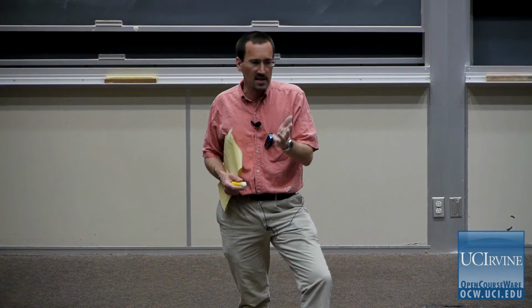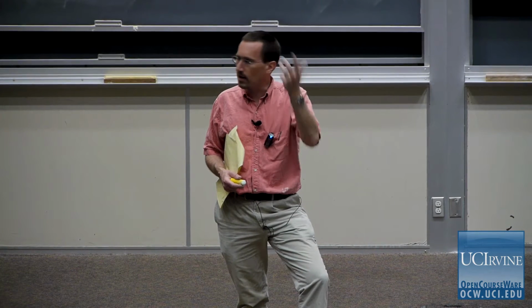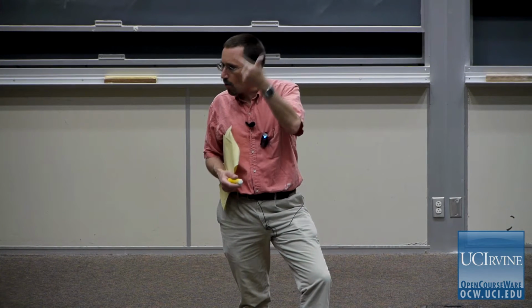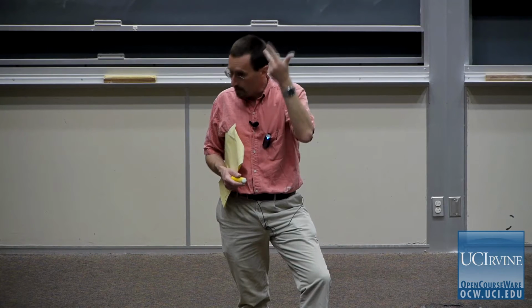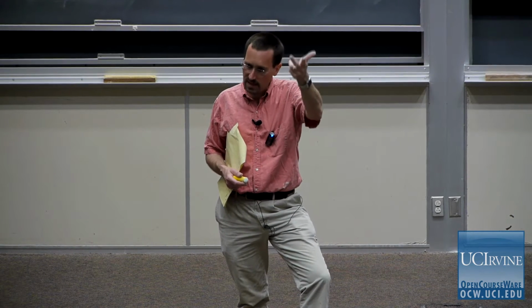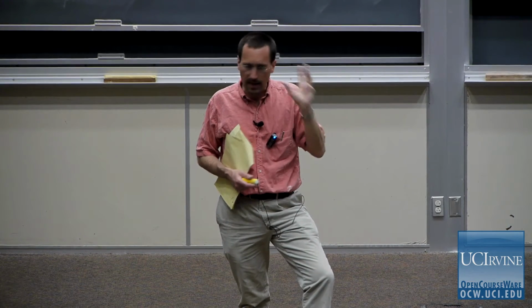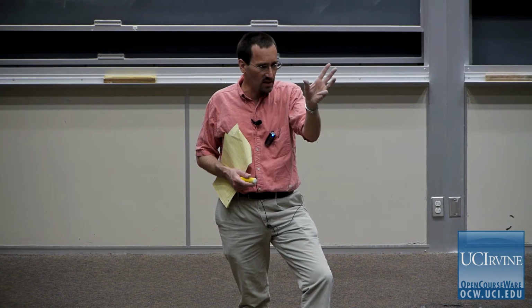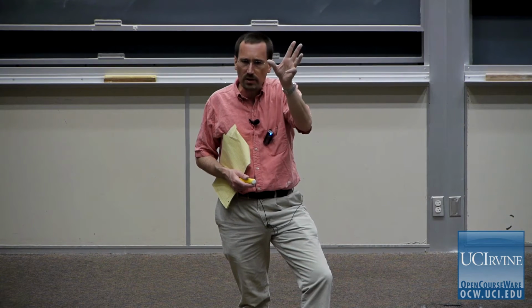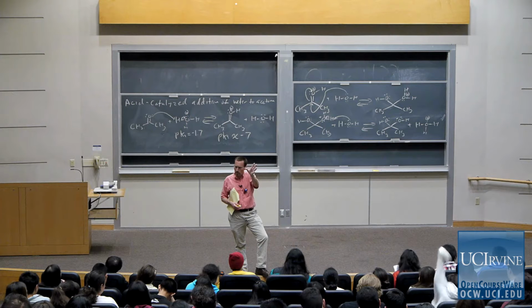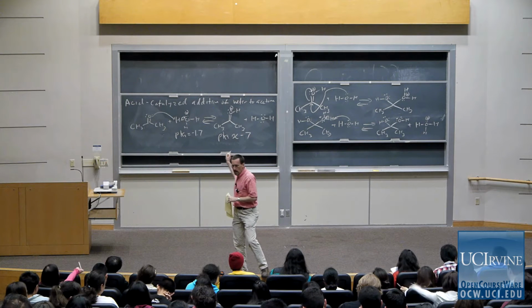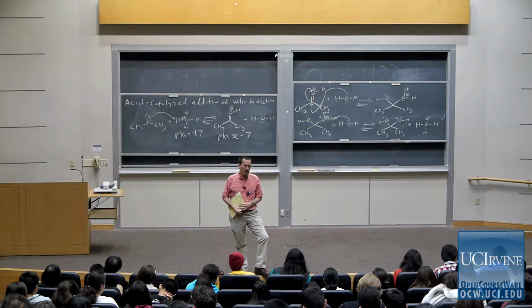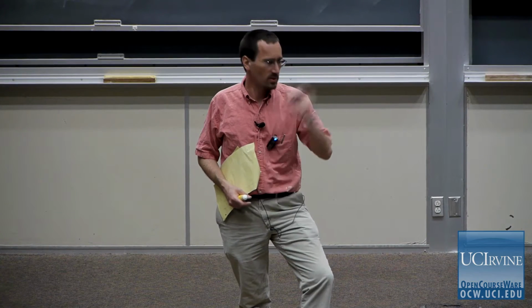The theme is basically a good nucleophile like hydroxide or amine or methyl lithium or hydride can attack an unactivated carbonyl. A weak nucleophile like water or alcohol generally requires protonation of the carbonyl first.